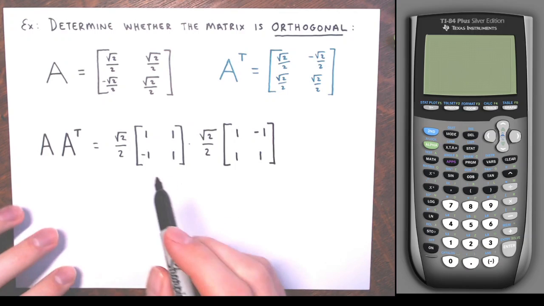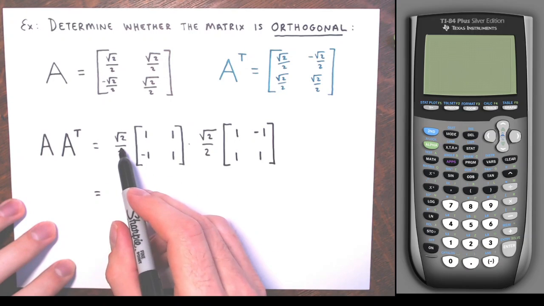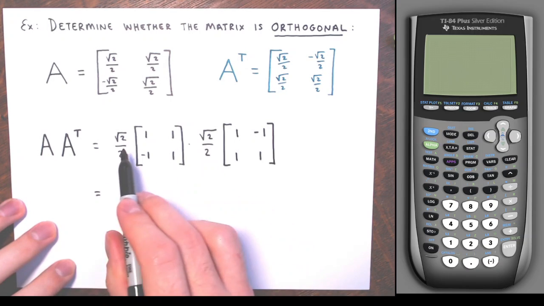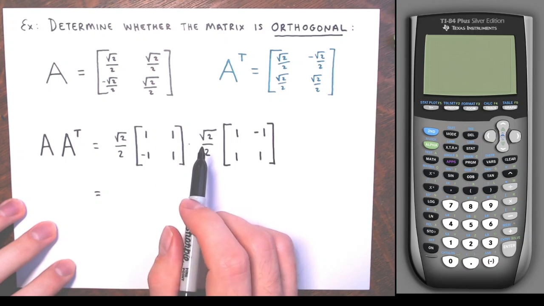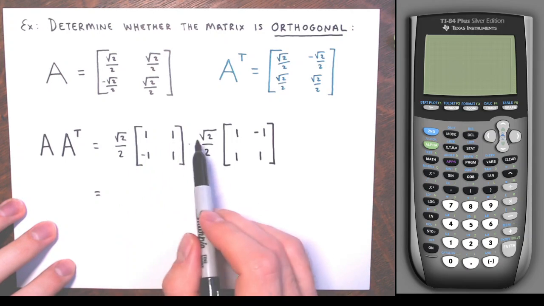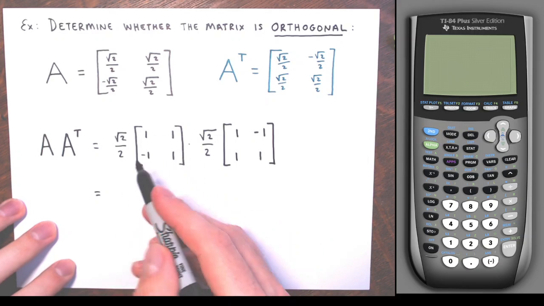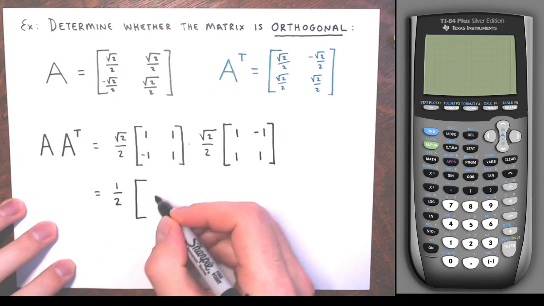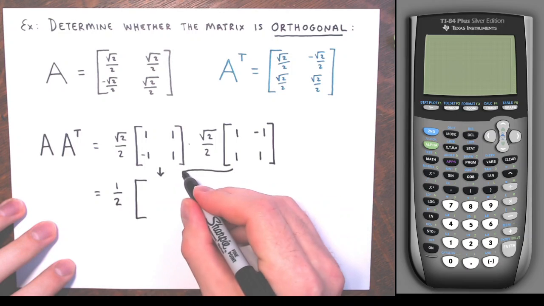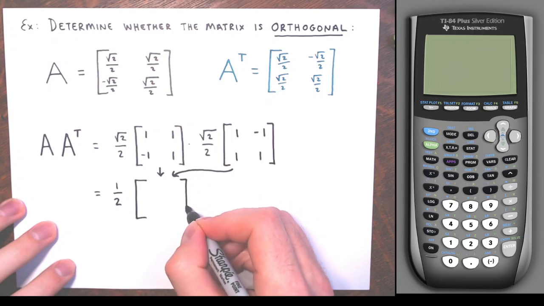Now you can move scalars around, remember? So I can multiply these two scalars. Square root 2 over 2 times square root 2 over 2, that's 2 over 4, or a half. And then I'm multiplying these matrices, a 2 by 2 times a 2 by 2.